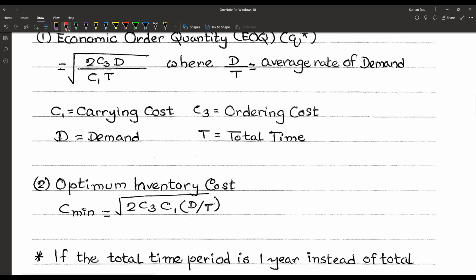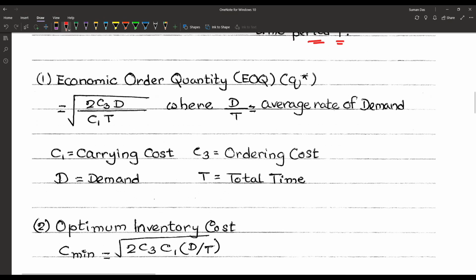Now what is the formula for the EOQ, denoted by Q star, for model 1B? Just look at the formula here: Q star equals square root of 2 into C3 into D upon C1 into T, where D by T is the average rate of demand, C1 is known as the carrying cost, C3 is the ordering cost, capital D is the demand and capital T is the total time.